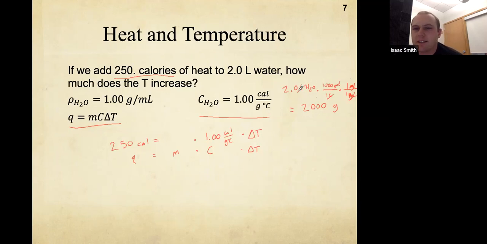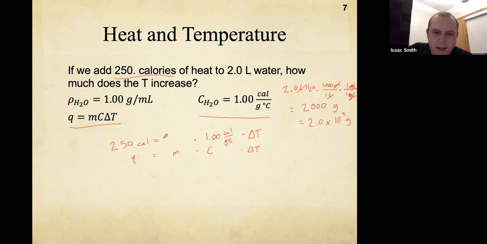And then if we look at significant figures here, we have 2 sig figs in this number. This is the exact conversion. And then the density has 3 sig figs. So our answer needs to have 2 significant figures, okay? So if we wrote this as 2 significant figures, it would be 2.0 times 10 to the power of 3 grams, and that has 2 sig figs.